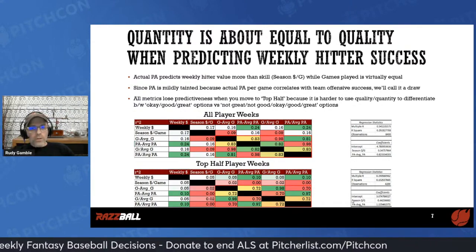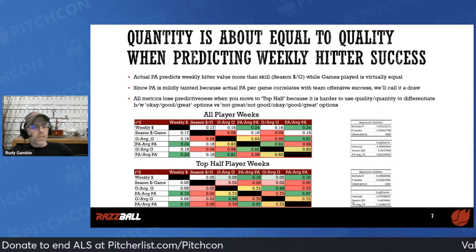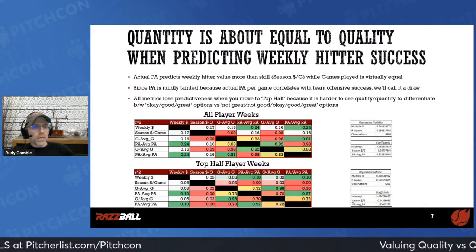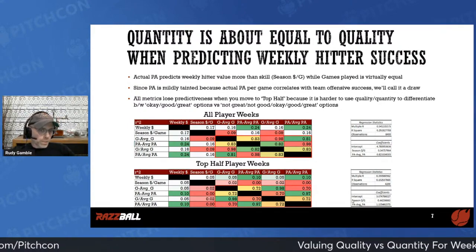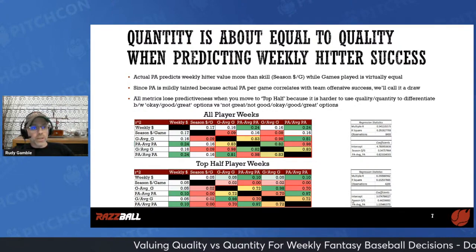The other key stat here is that I did this 2 ways. One is looking at all player weeks, and the second is looking at the top half player weeks, because they're the guys who are in the consideration set for starting.